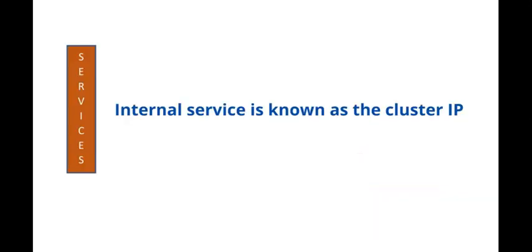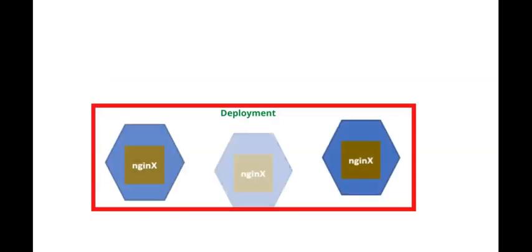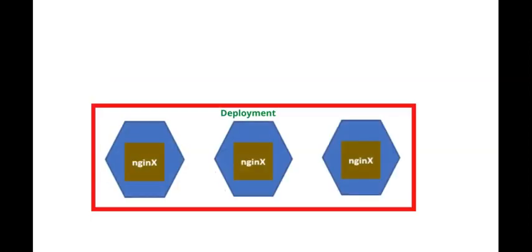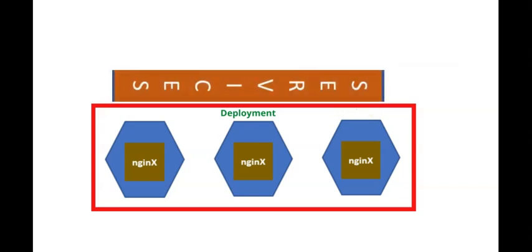The internal service is called the cluster IP. The cluster IP will be attached to a deployment at the point of creation, and this IP will automatically be generated by OpenShift. Let's say you created a deployment which has 3 replicas of a pod. Instead of having to query just one single pod, the cluster IP can be created.